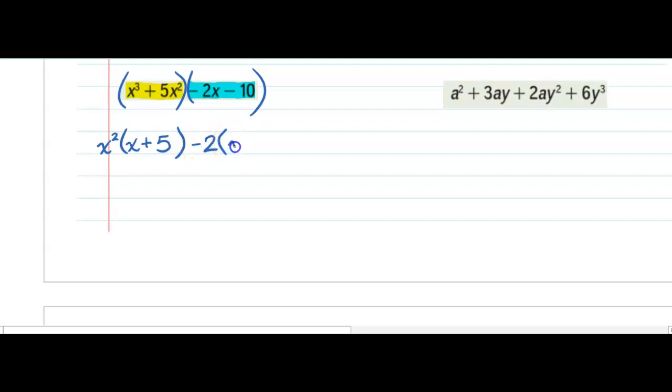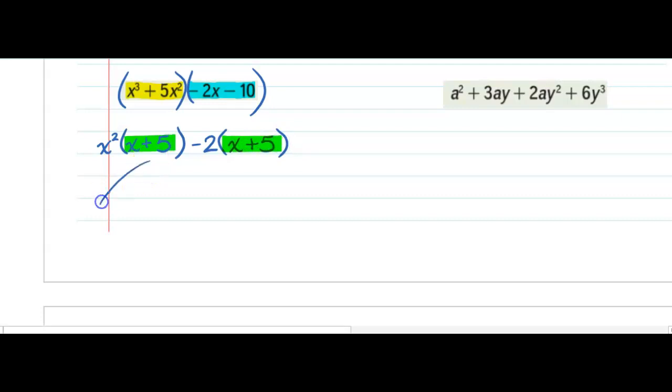Negative 2 times x is negative 2x. Negative 2 times 5 is negative 10. Well, look what happened here. When I did the GCF to each group, and I applied that factoring principle, I now have a common factor in each in the form of a binomial.